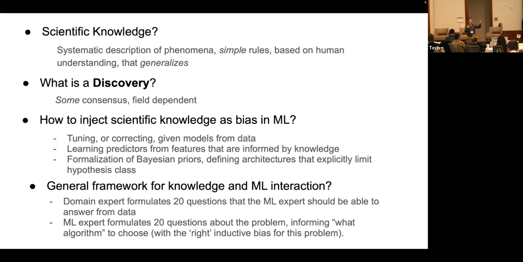So after discussing a lot about these different options, we realized that there's no unified way of developing a framework that would apply to many different settings, many different learning scenarios, and very different scientific disciplines.